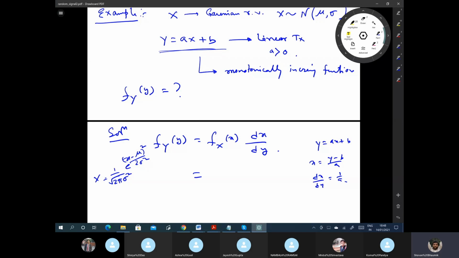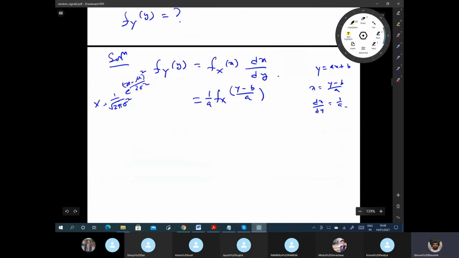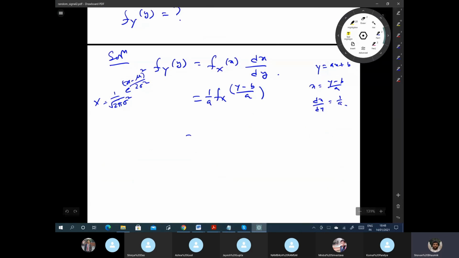So we'll get 1 by a into f of x at x, where x means y minus b by a. So f of x of this is 1 by root 2 pi sigma square and then the exponential of minus y minus b by a minus mu whole square divided by 2 sigma square.